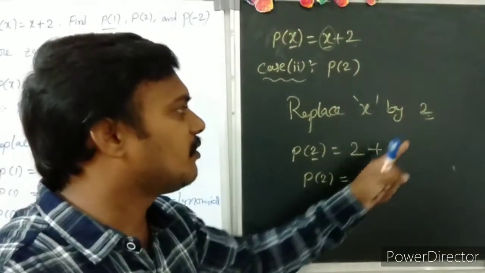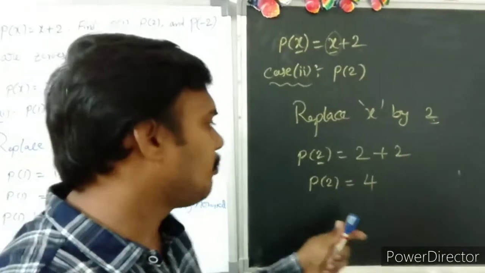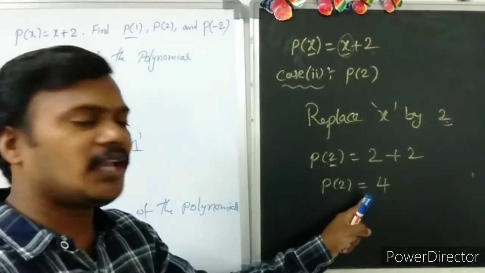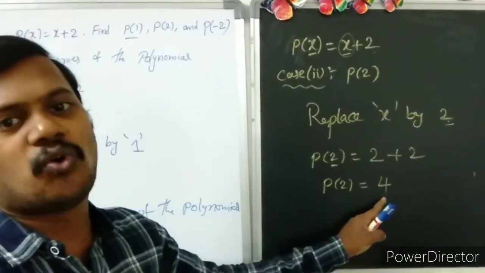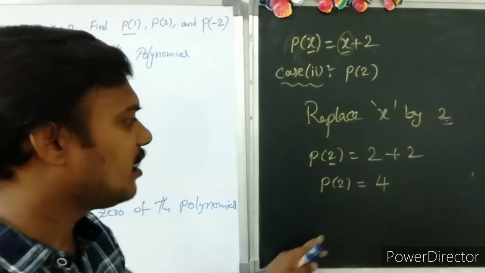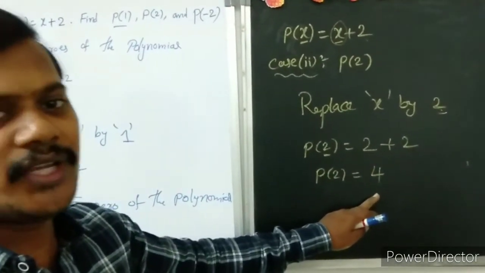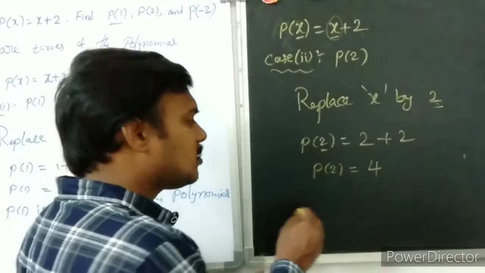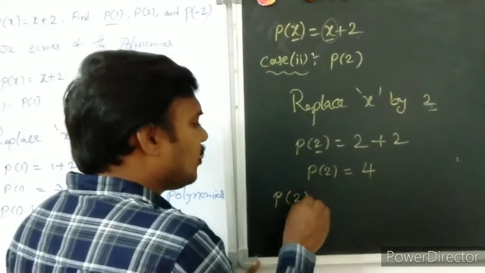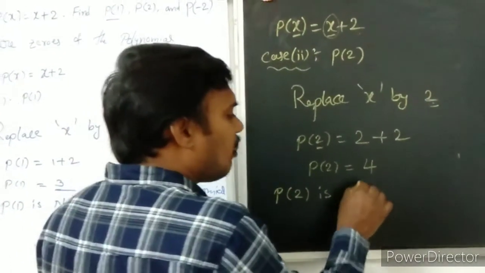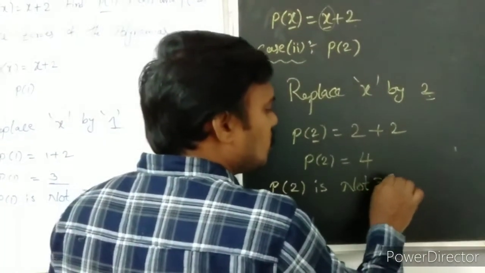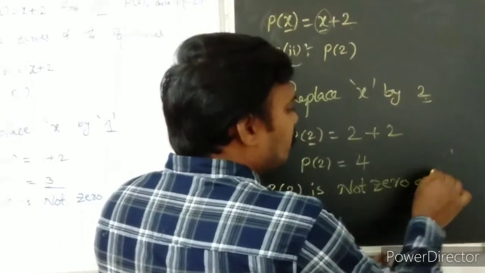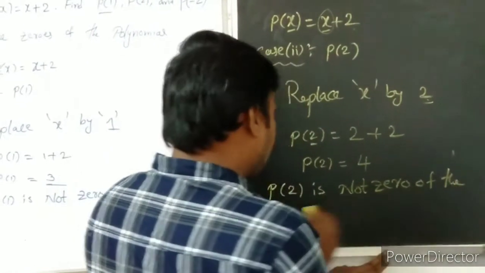When we substitute the value 2, we get p of x equal to 4. The value is 4, so p of 2 is also not a zero of the polynomial.